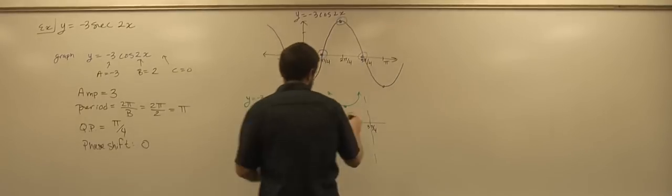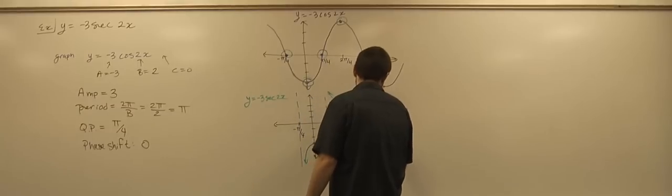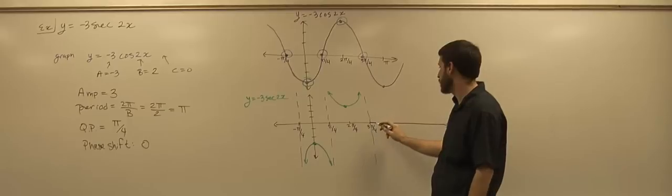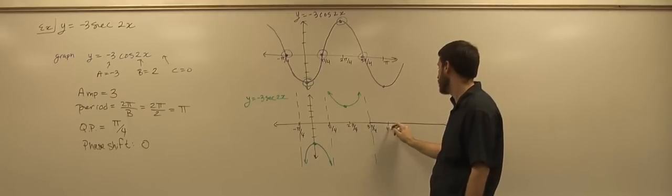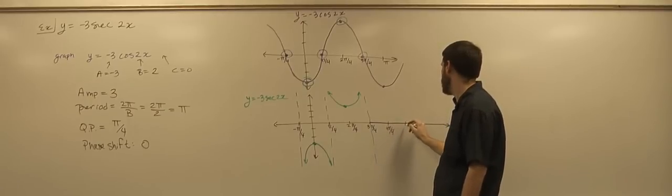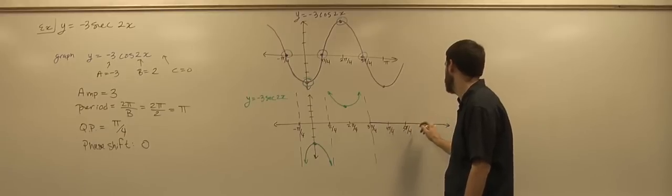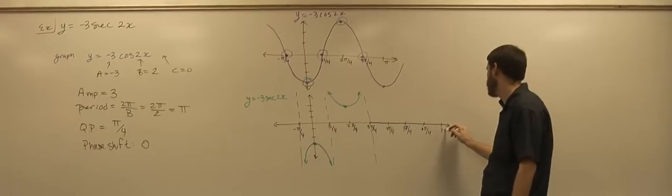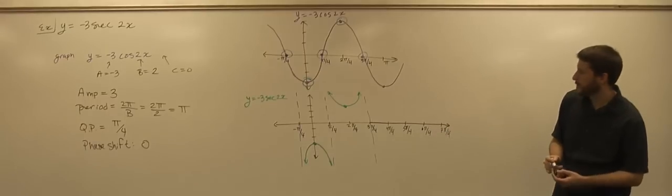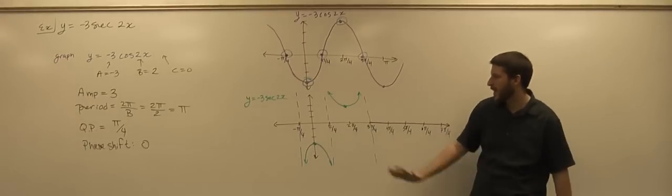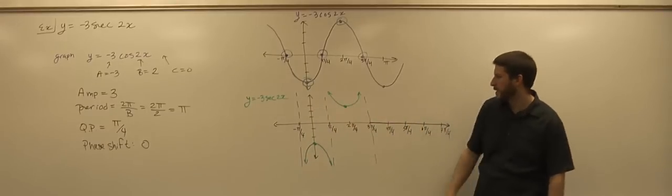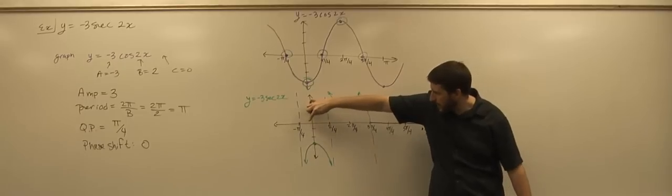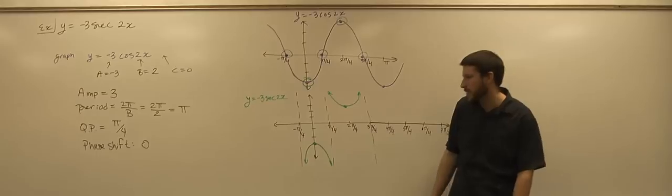So if I ask for 2 periods, annoying, then you would just keep going with your quarter periods. There's 4 pi over 4, 5 pi over 4, 6 pi over 4, 7 pi over 4. And then I would just repeat the same pattern. After this asymptote, after 2 quarter periods, you have another asymptote.